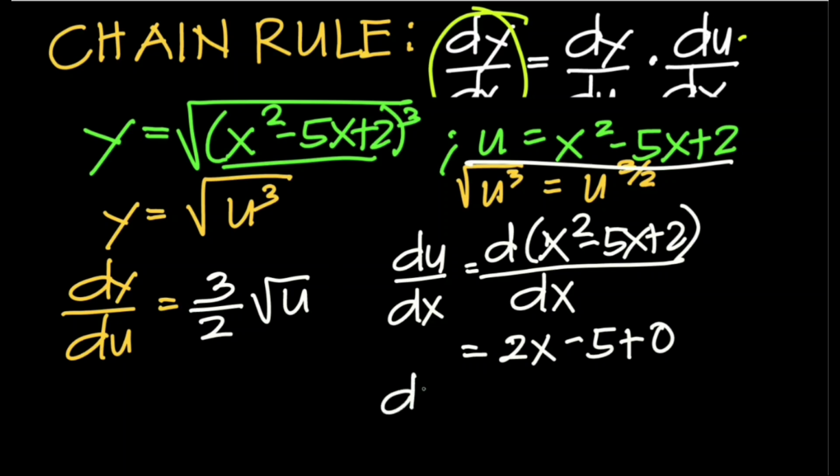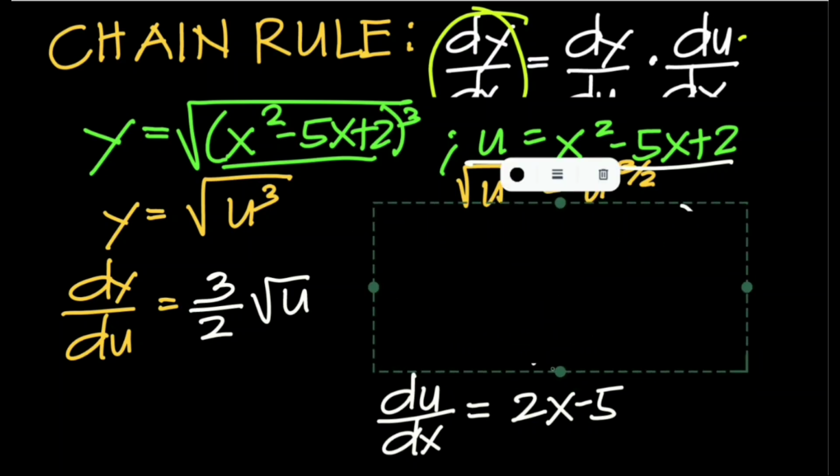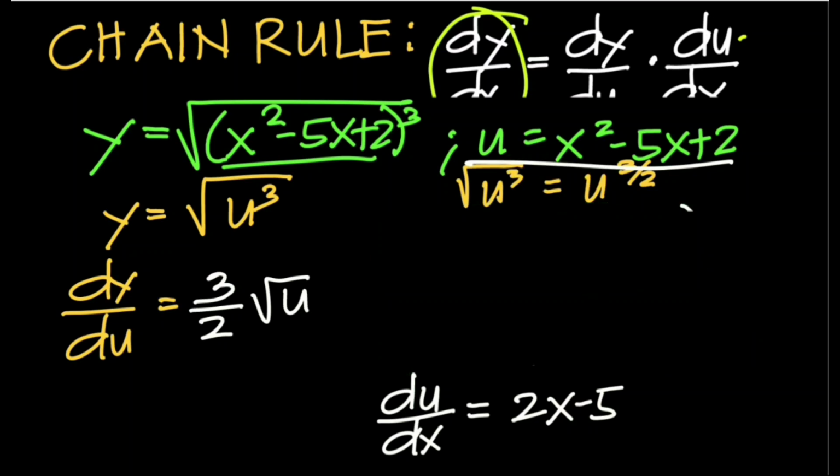So du over dx is just equal to 2x minus 5. So now we already have dy over du and du over dx. We can solve for dy over dx.